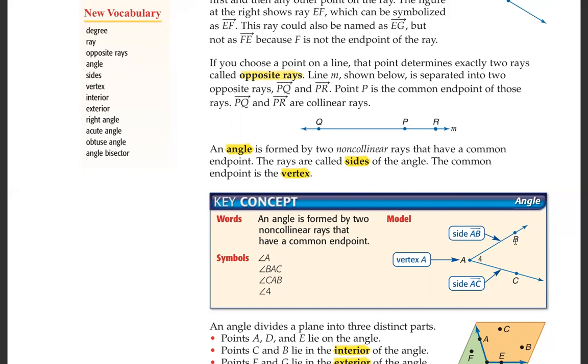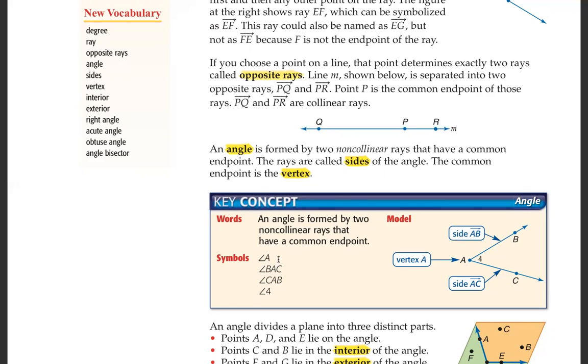The symbol for angle is like a less than sign, but the lower part is a straight line, and then you have a diagonal line going from the left end up to the right. Okay, so this can be named as angle A. It can be named as angle BAC or CAB or angle 4.